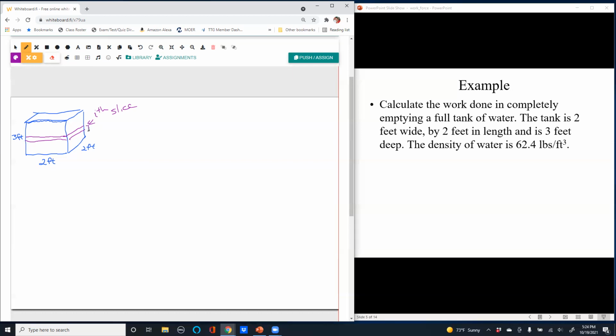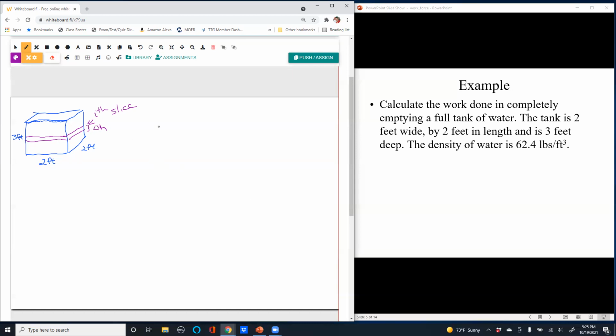Let's call it delta H. I'm not going to label anything else in the drawing just yet, because I want to give it a little motivation for what else we need to label in this drawing and what we don't. It's going to vary from situation to situation, but our focus is now on this ith slice.